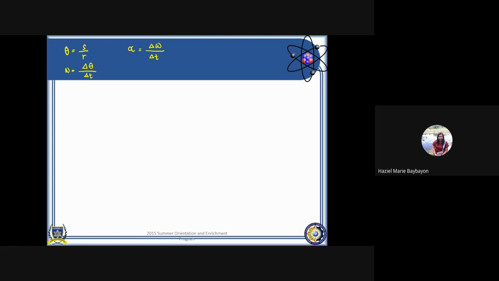That is angular acceleration. But if your angular velocity is constant, then the acceleration is zero. All right. And then we have this relationship: the linear or tangential velocity v is equal to r omega.